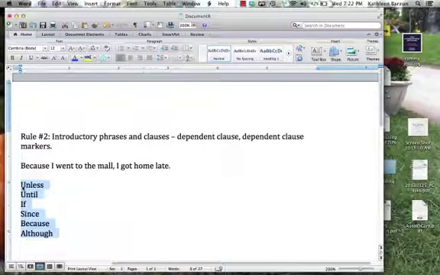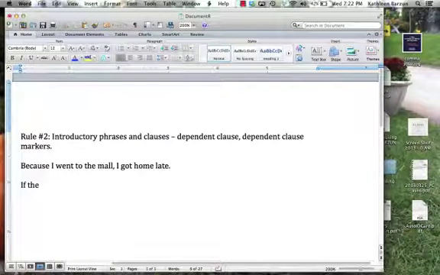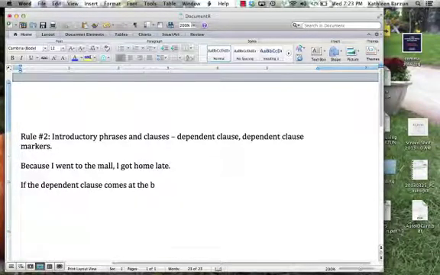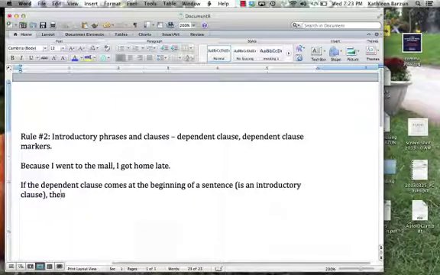So here's our rule again. If the dependent clause comes at the beginning of a sentence, is an introductory clause, then put a comma after it. If you notice, I just did one, right?